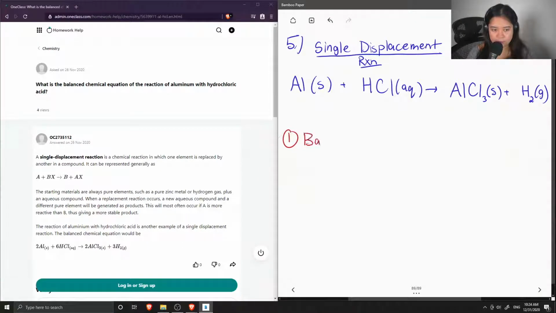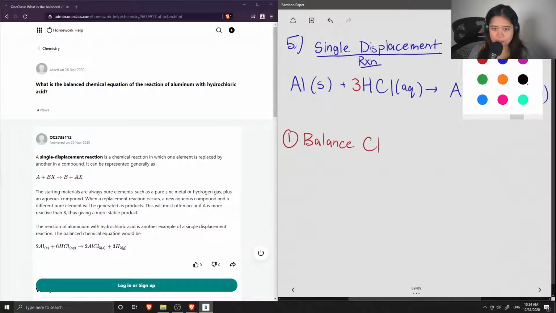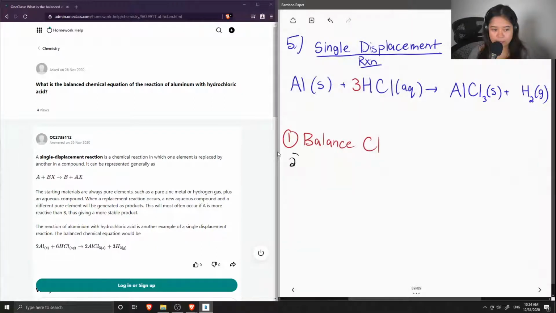So my first step is just to balance out the chlorines. You'll see that our product side has 3 chlorine atoms and our reactant side only has the 1. So I'm first going to put a 3 in front of HCl. This affects the number of hydrogen atoms, so now I need to balance my hydrogens.